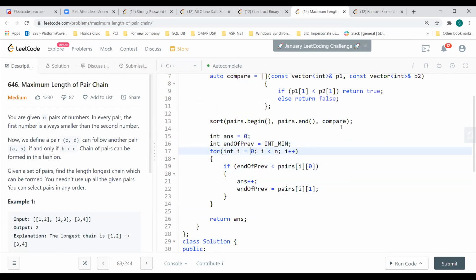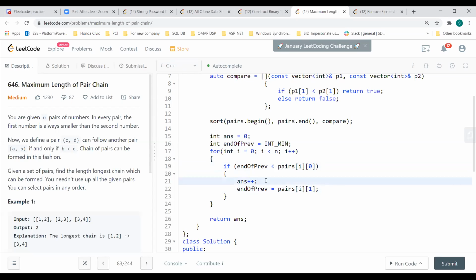Then I go through the whole array, and every time I compare the start value of the next pair, if I find that it is greater, I increment my answer and also update my end, which you want to compare for the next one. So I keep on adding to that answer.